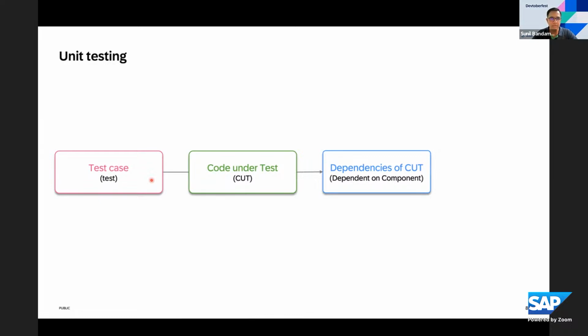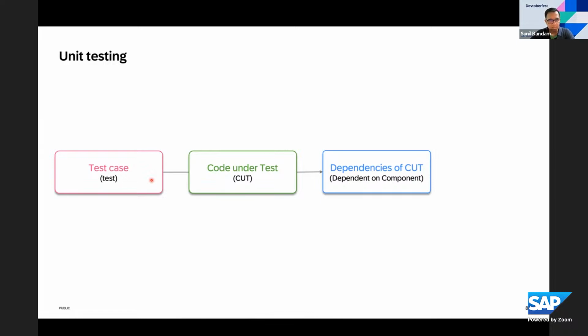We will depend on some other artifacts, some other classes, some database mechanisms or database artifacts. So we will depend on something outside that code under test. These are dependencies, or depended-on components.